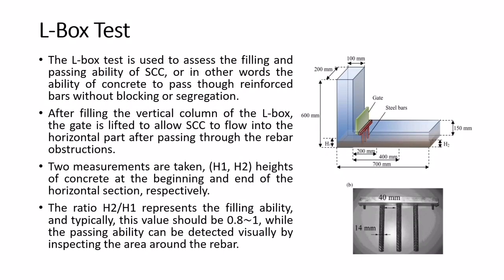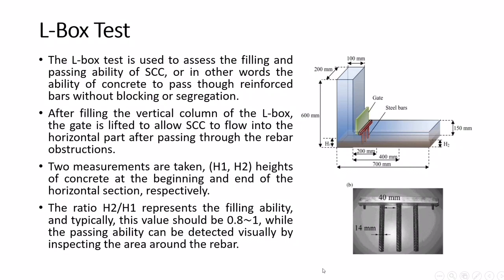The L-box test is used to assess the filling ability and passing ability of SCC, or in other words, the ability of concrete to pass through reinforcing bars without blocking or segregation. After filling the vertical column of the L-box, the gate is lifted to allow SCC to flow into the horizontal part after passing through the rebar obstructions.